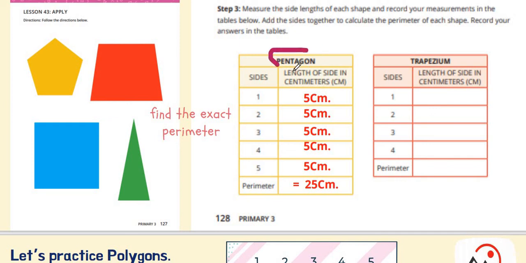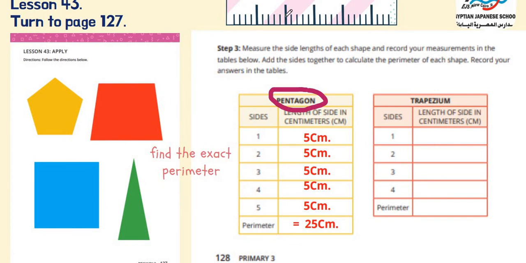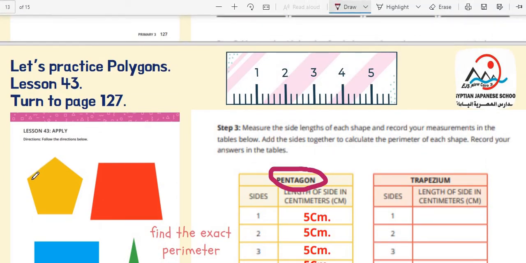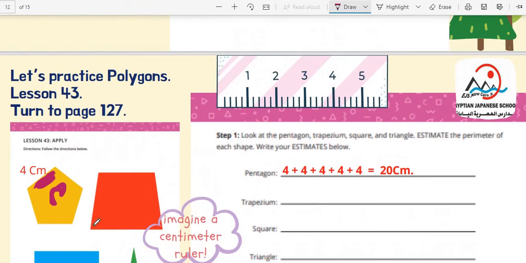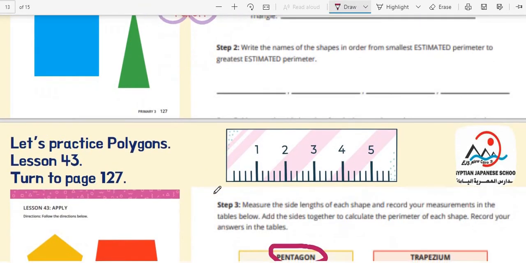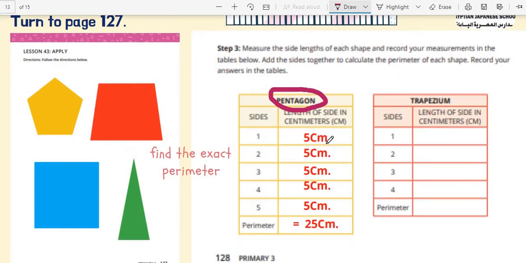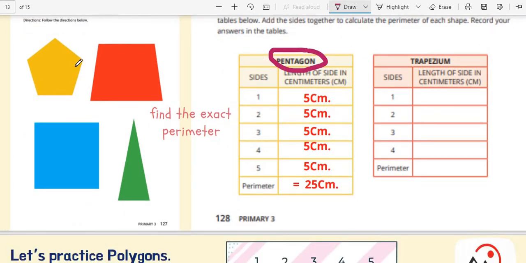About the pentagon, I use my ruler and measure this side. I get 5 centimeters, not 4 centimeters. By ruler, 5 centimeters. So I wrote 5 centimeters. And I found again all of the sides are equal, so I wrote 5, 5, 5, 5, 5. So finally I get the perimeter is 25 centimeters.